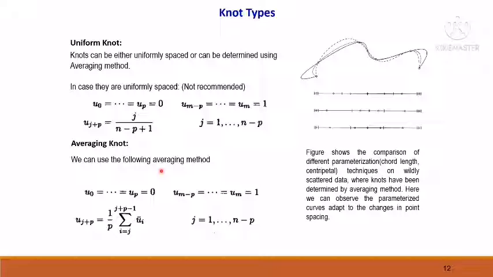So only the averaging knot is used because the data is accurate when compared to the uniform knot. This is the formula to calculate the averaging knot. We use all these formulas to calculate the global interpolation of the curve.